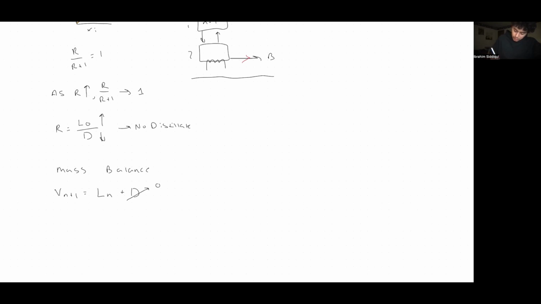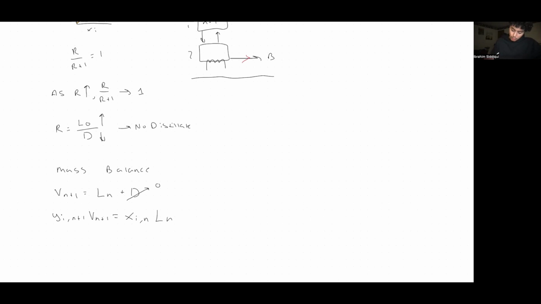We can also rewrite this as our vapor composition at stage n plus 1 multiplied by our vapor flow at stage n plus 1 equal to our liquid composition, no, sorry, that's vapor. This is liquid. Our liquid composition at stage n multiplied by our liquid flow at stage n.